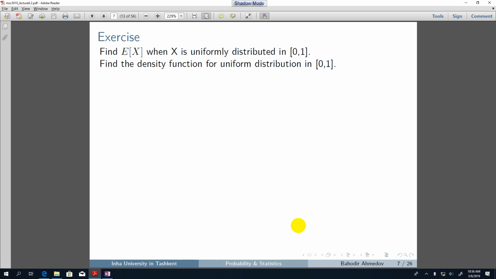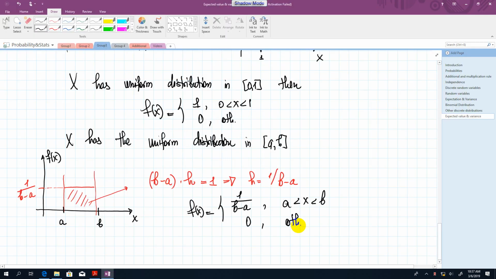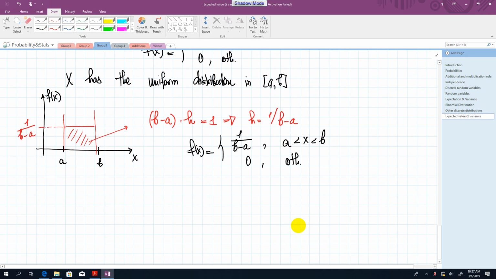Could you please calculate the expected value of x when x has a uniform distribution between 0 and 1? Okay, 1 over 2. So how did you know this? By integrating x times its density function, right?